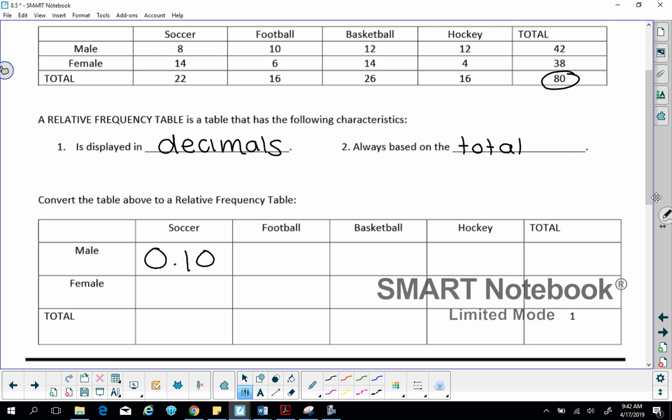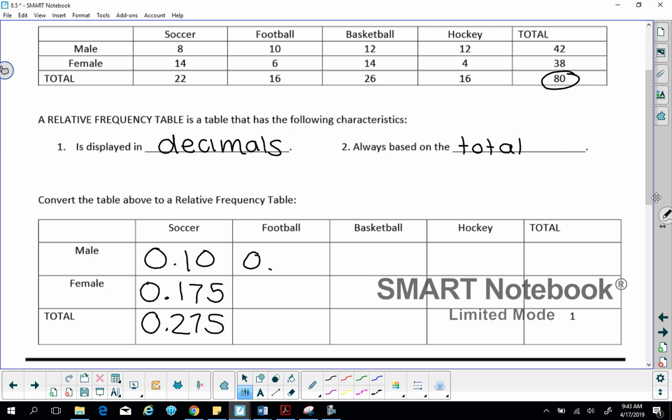Victor, what did you get for this one? Keep it as a decimal though. Yeah, you could just keep it as a decimal, 0.175. Kamari, what did you get for this one? Or you can just write it as 0.275. Steven, what did you get for this one? Did you get that one yet?